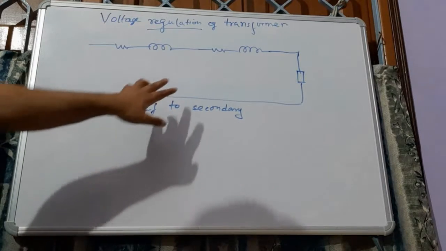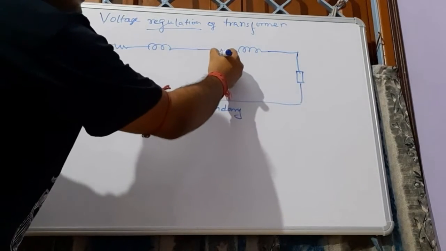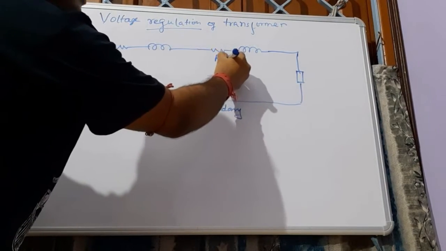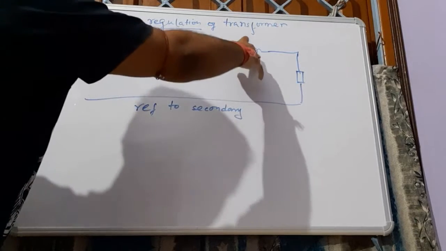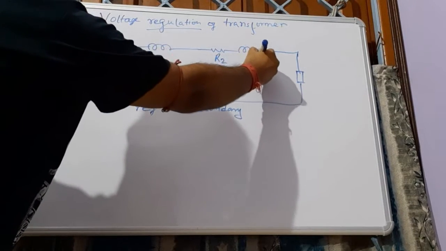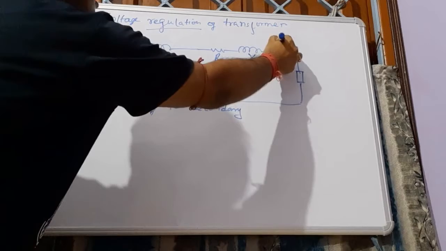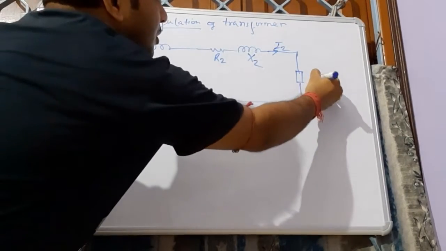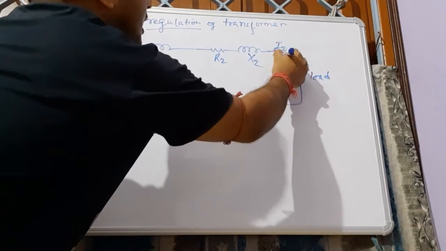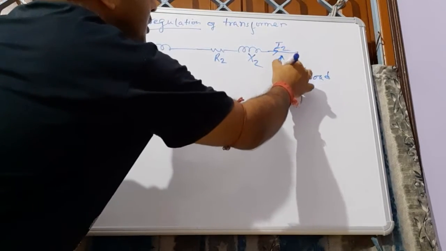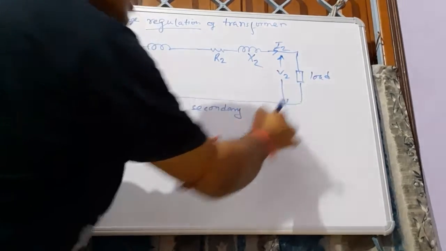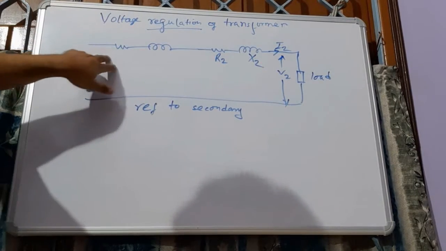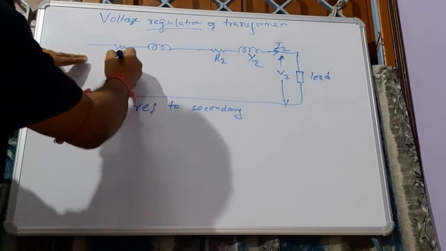Okay, now secondary resistance is R2, secondary reactance is X2, current flowing I2, this is your load, and this is your V2, right? Now what will be the primary resistance?